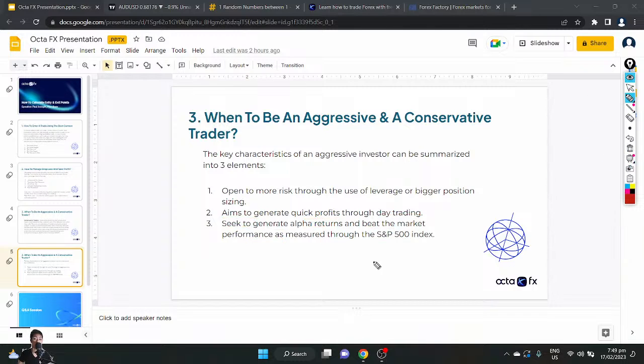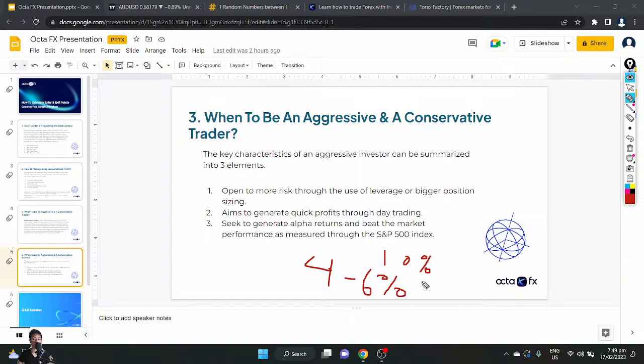So S&P 500 index has an average of 10% per annum. So what aggressive traders want is to have a higher return than 10% per year or per month. They are aiming for at least 4 to 6% per month.